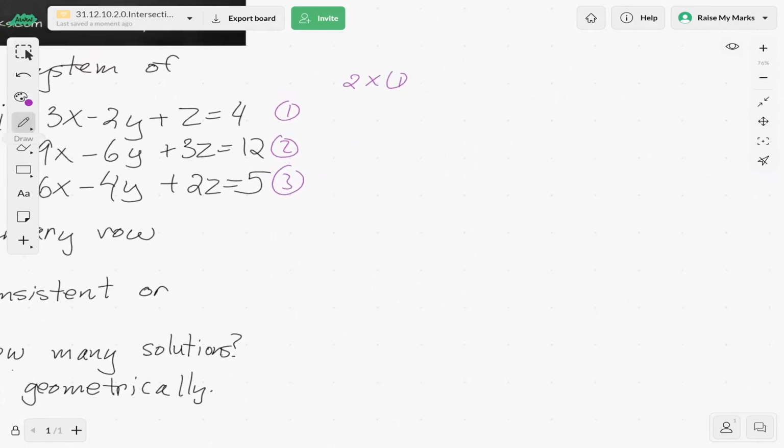All right, so then we have 6x minus 4y plus 2z equals 8. And equation 3, we have 6x minus 4y plus 2z equals 5. Let's subtract.